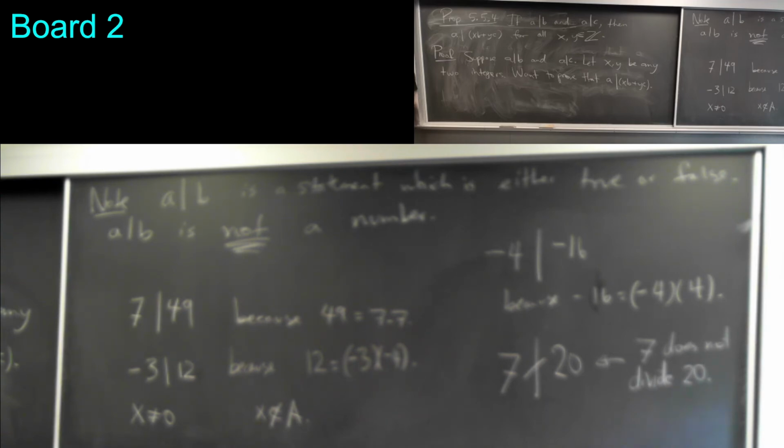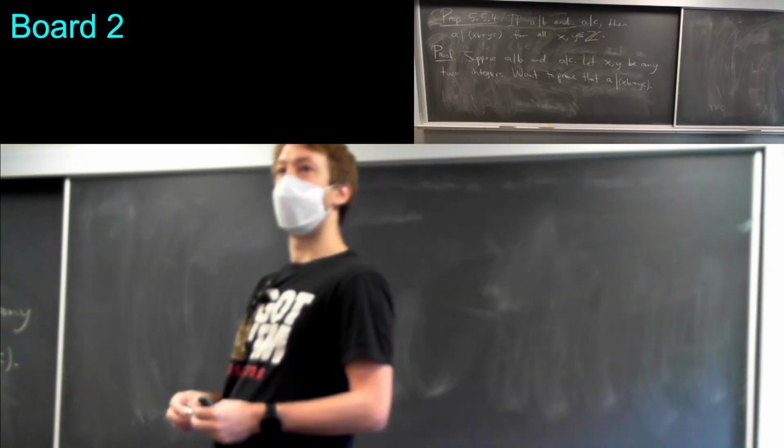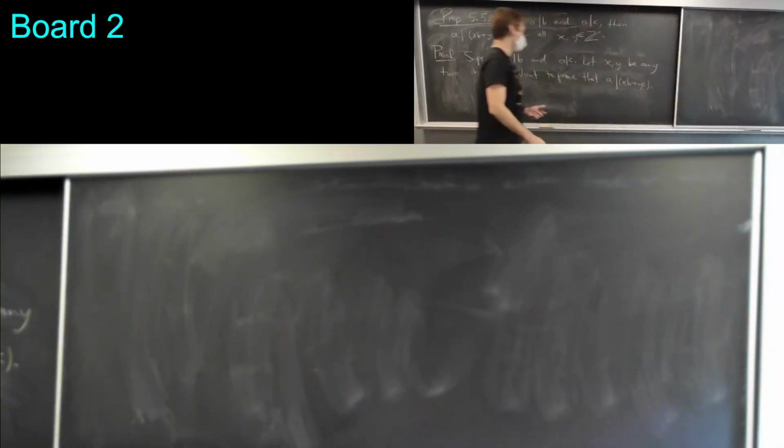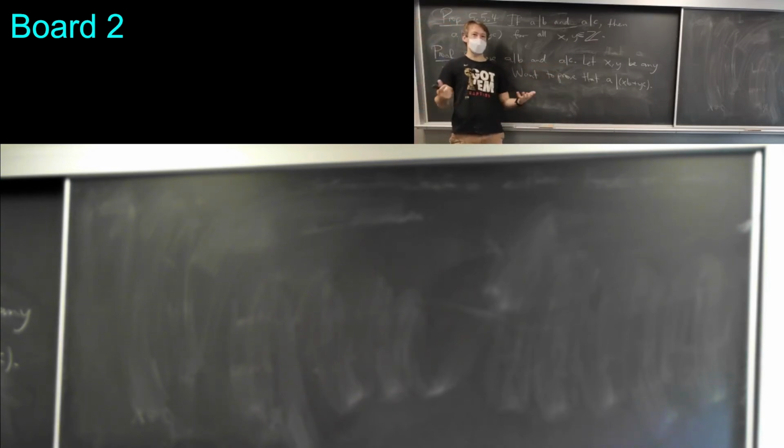Any thoughts? It's kind of the same as last time, in some sense. Yeah, one thing there is backwards, but otherwise that's exactly what you want to do. So you want to take these statements and actually use them, right? So since a divides b, there exists an integer k such that, now the one thing that might have been backwards, we don't get to write that a is k times b, but instead b is k times a.